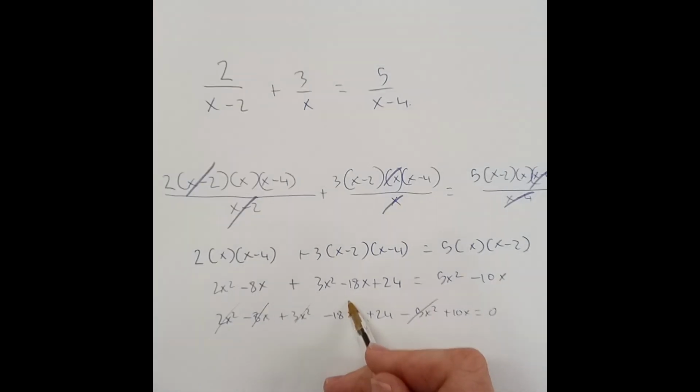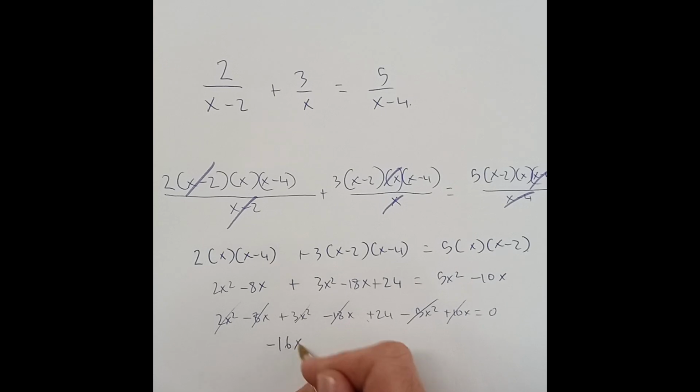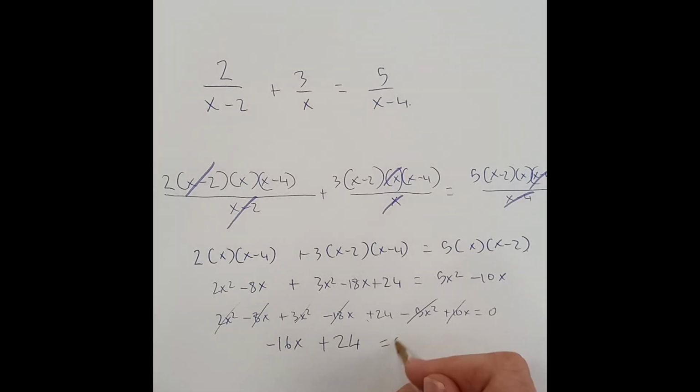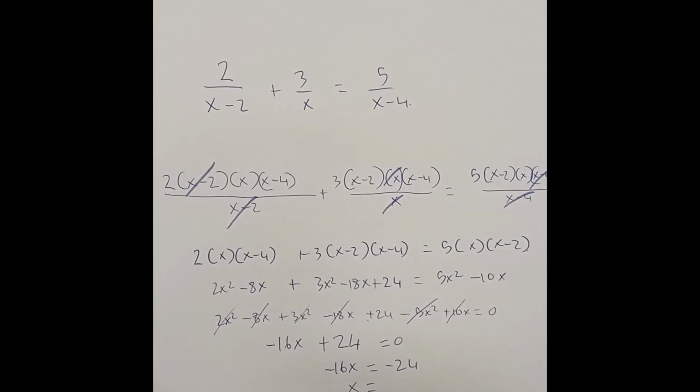Minus 8 minus 26 plus 10 is minus 16x, and we have 24, equal to 0. Take away 24 from both sides: minus 16x is equal to minus 24. Divide both sides by minus 16. X is going to be equal to 24 over 16, which is 3 over 2. And that's your answer.